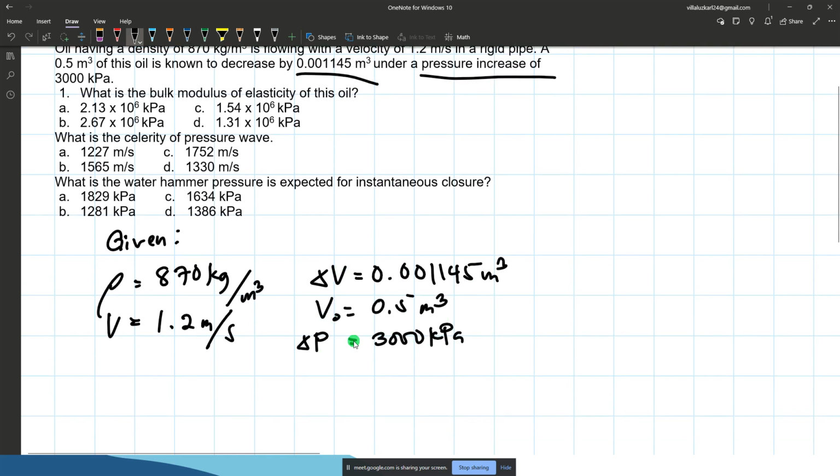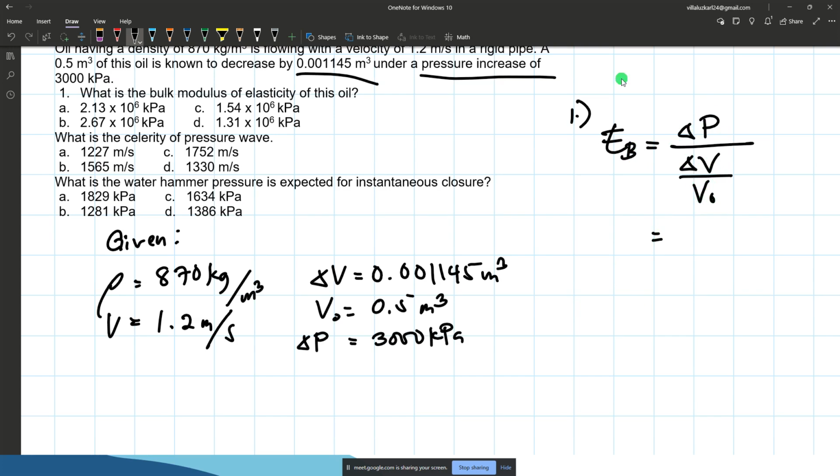So where can we use this? In number one, it is asked here what is the bulk modulus of elasticity of this oil. So as we recall in physics, in computing the bulk modulus of elasticity of any material, the formula is just the ratio of the change in pressure over the change in volume over the initial volume.